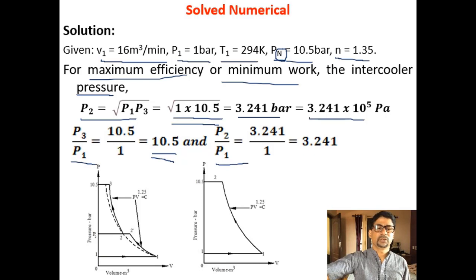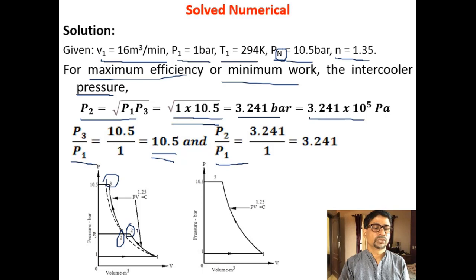That means P2 by P1 is also equal to P3 by P2 in case of two-stage compression. So you can see the PV diagram here. 1 to 2 dash is the first stage compression, 2 to 3 is the second stage compression in case of two-stage compressor, and 2 dash to 2 is the intercooling. The other diagram you can see is the single stage compression.